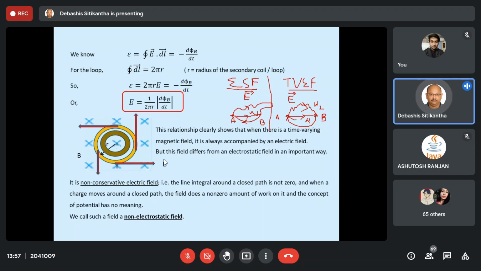So if we are moving a particle from point A to B, it is not at all independent of the path taken, number one. Number two, if we take a particle to one point and return back to the starting point, the work done is not equal to zero. So this is the major difference between the two types of field.